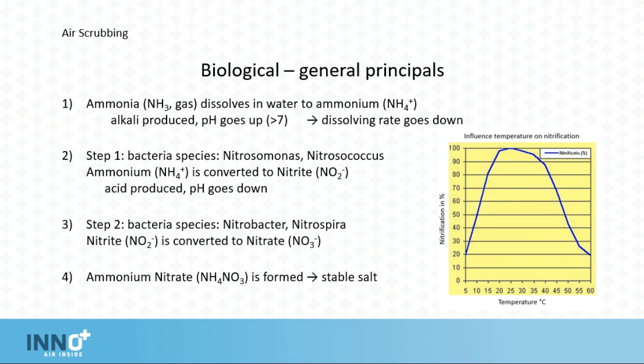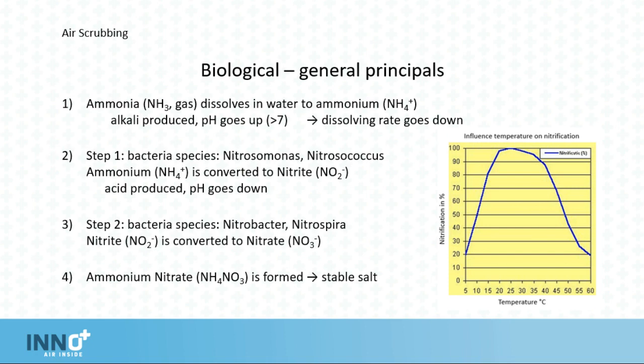So this process is stable when about 50% of the ammonia is converted into nitrate. Because then the same amount of alkali and acid is produced, which keeps the pH neutral around 7. And as you can see at step 4, the solution also consists of equal parts of ammonium and equal parts of nitrate, which means that the conversion rate of 50% makes an ideal solution.